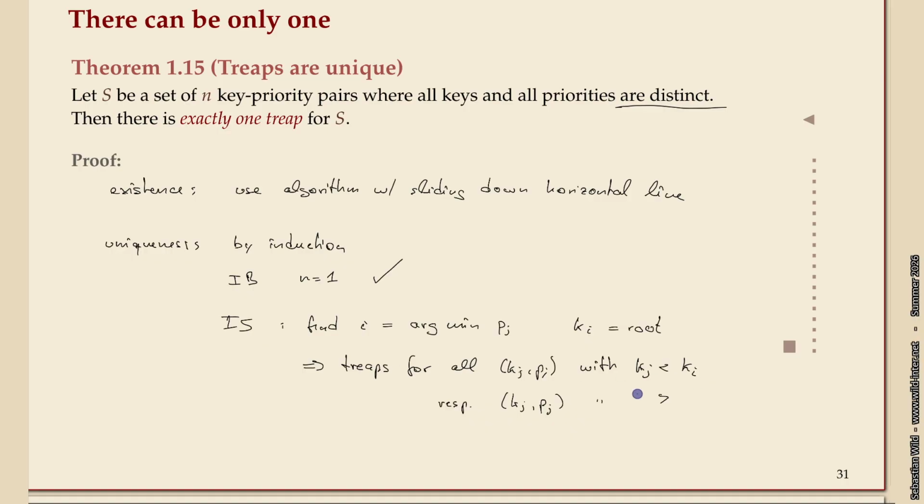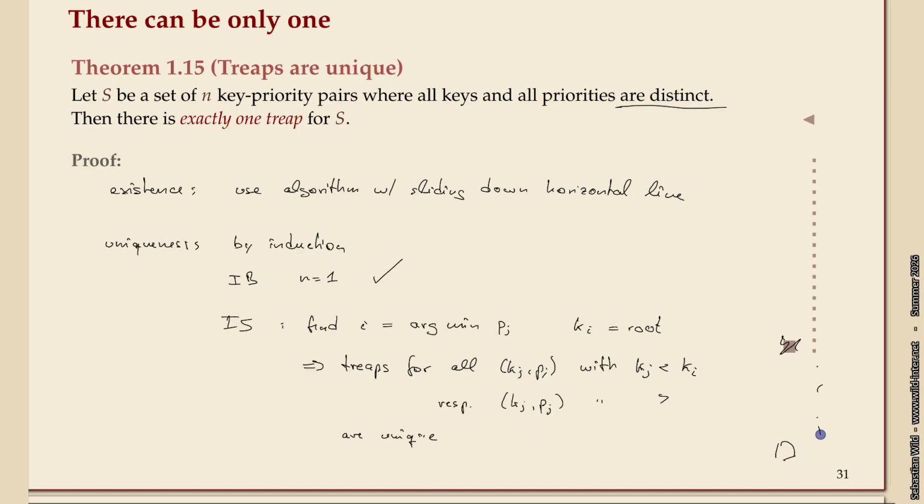The Treaps for these subsets are of size at most n-1, so I can apply the inductive hypothesis, so they are unique. And so the root is unique, its two subtrees are unique, which means the whole tree is unique. Okay, it didn't quite fit in my plan space, but that's the proof, relatively simple. So that's good. We have a well-defined thing.